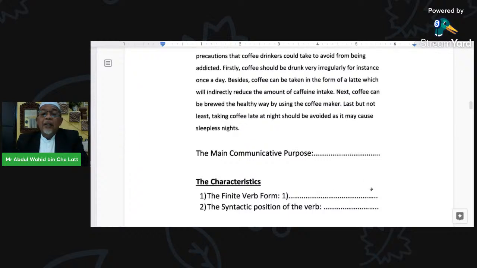It means that there are other auxiliaries after the modal. For example, should, modal, be, auxiliary, drunk, lexical.